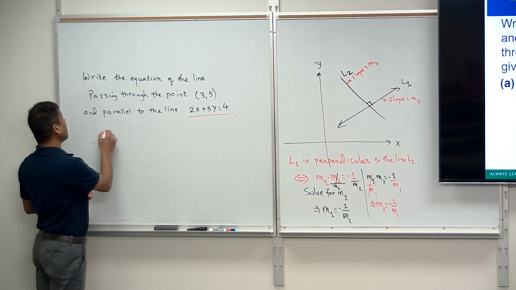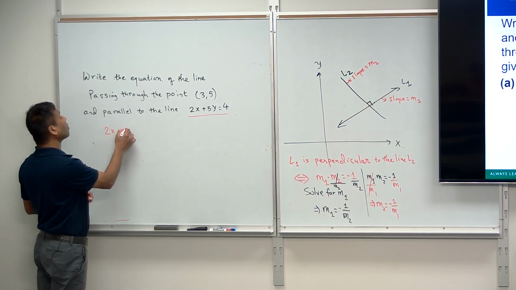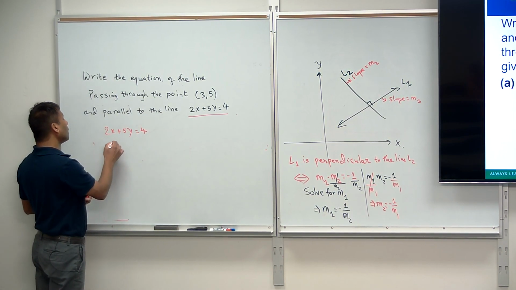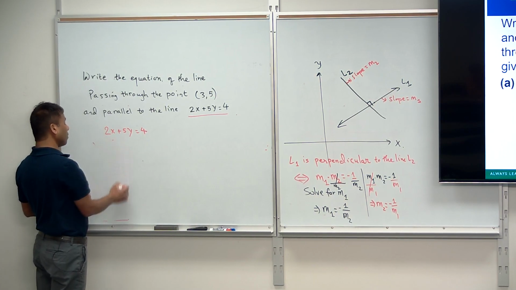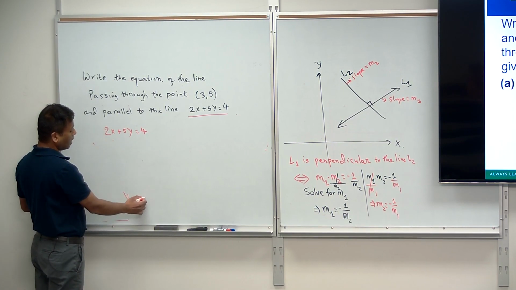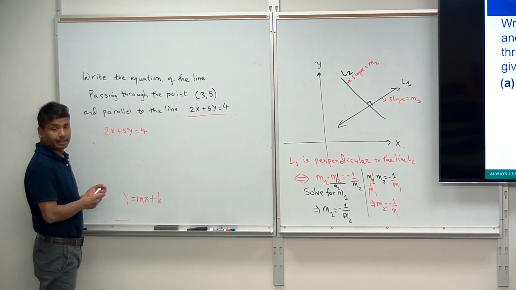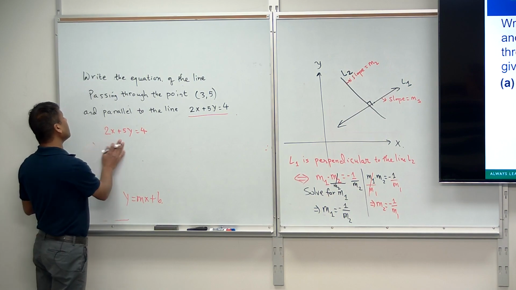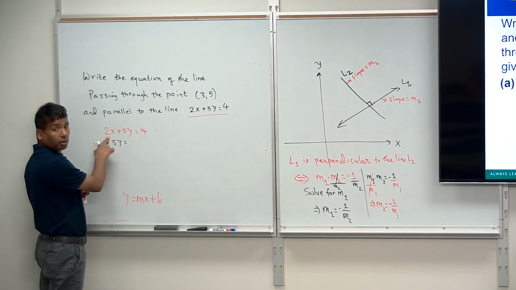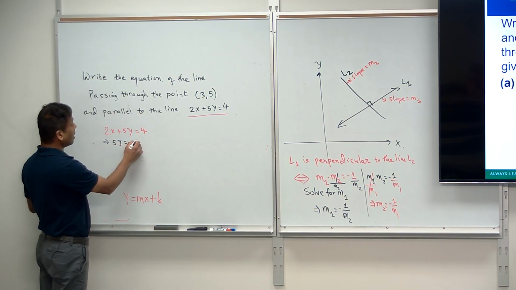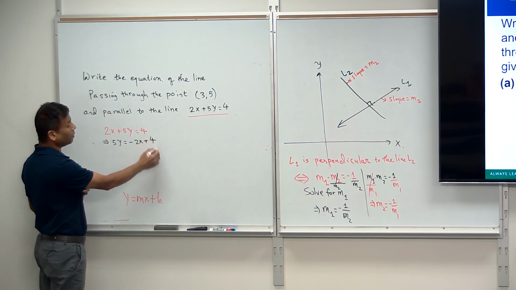Yes. So you have 2x plus 5y equals 4. The goal is to rewrite this in the form y equals mx plus b. So we need to keep the y term on the left side. You keep 5y here, and you move 2x to the right side. So that will be negative 2x plus 4.